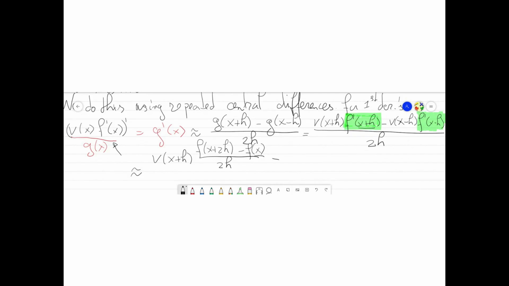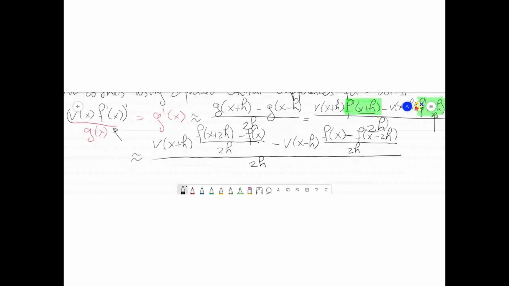And then I get the minus, and then I'm going to do this part. So I keep the v at x minus h, and then I have another division by 2h, and then I have f at x itself minus f at x minus 2h. So this is two central differences around x minus h. And then everything still has to be divided by 2h. But the last one is this one.